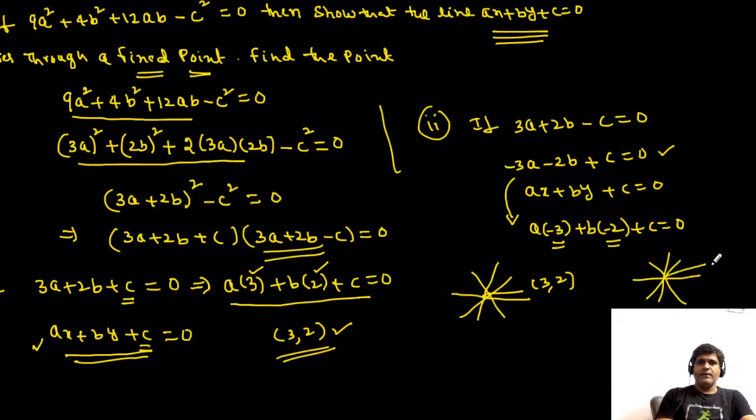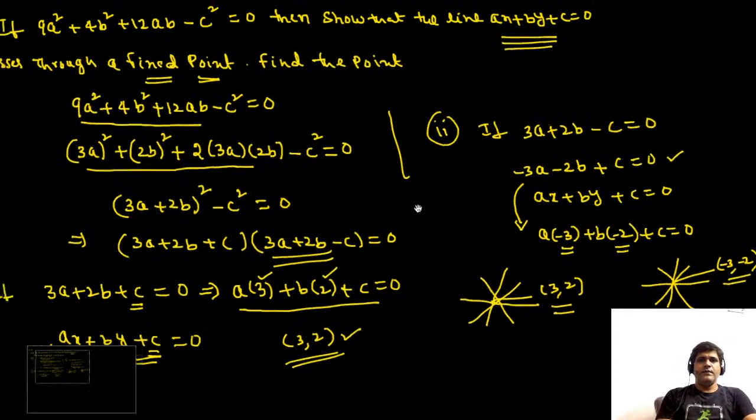Here the point of concurrency is (−3, −2). Therefore, if the condition is the first one, the point of concurrency is (3, 2). If the condition is the second one, that is 3a + 2b − c = 0, the point of concurrency is (−3, −2). So this is the solution by using method 1.